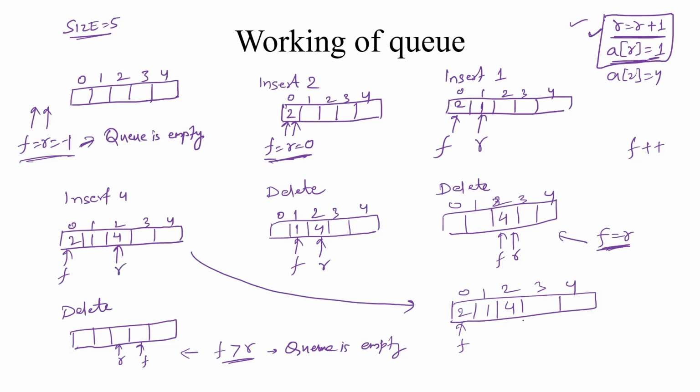If you insert two more values, let's suppose 6 and 7, the value of rear will come on index number 4. So you can understand from here that when the value of R is equal to 4, and the value of R is size minus 1, then you can say that our queue is full. In this case, we will say our queue is full.